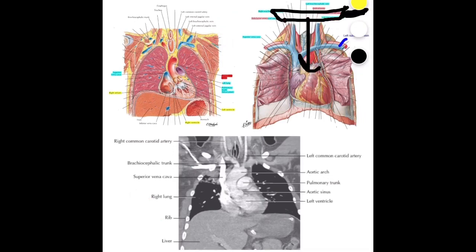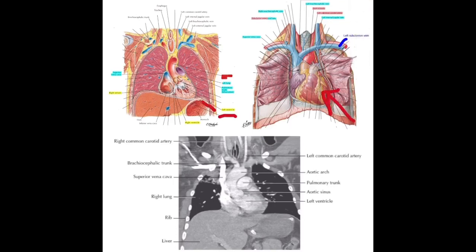Now let's see what the various structures are that we are looking at. This is the left ventricle here, and here, and here.